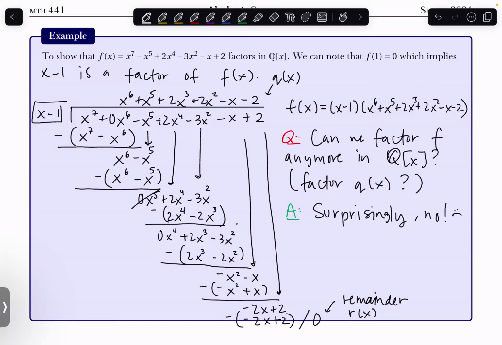And what we're going to do in our chapter 17, after we do a little bit more work here, is we're really going to study when can I factor more and when can I not factor more, right? And not being able to factor more is really saying it's an irreducible polynomial in whatever polynomial ring you're working in. So it's important that you know which ring you're working in to know if you can factor any further.